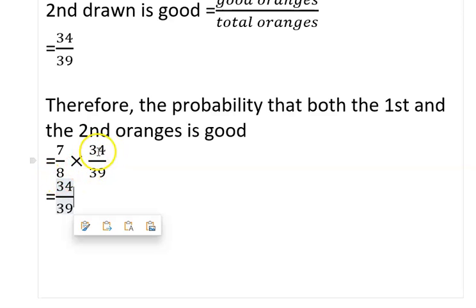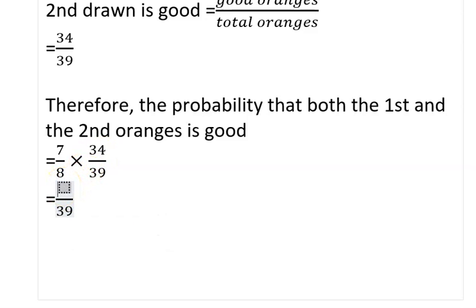You say 7 times 34 to give you 238. And if you say 8 times 39, it will give you 312. Awesome.